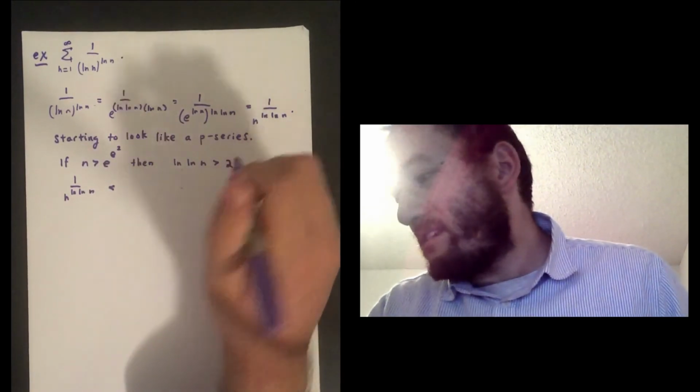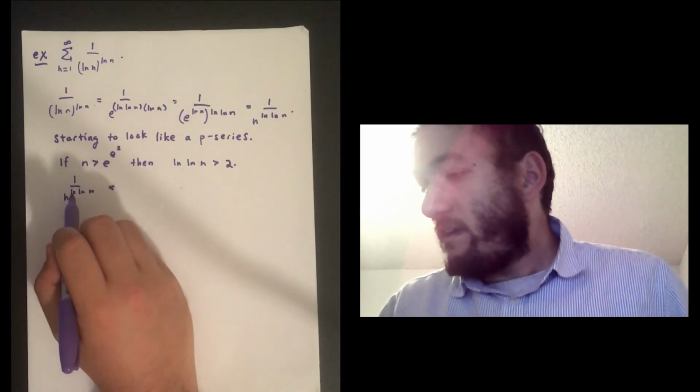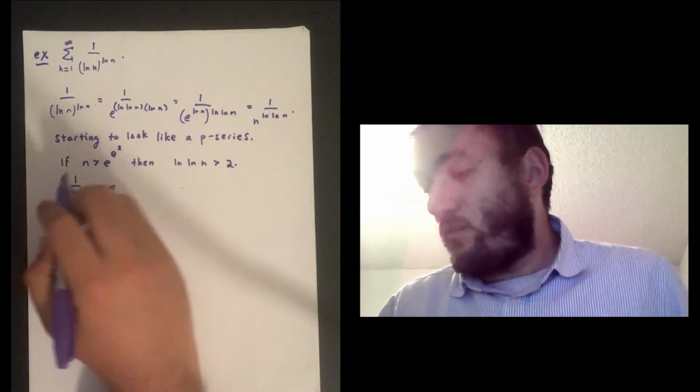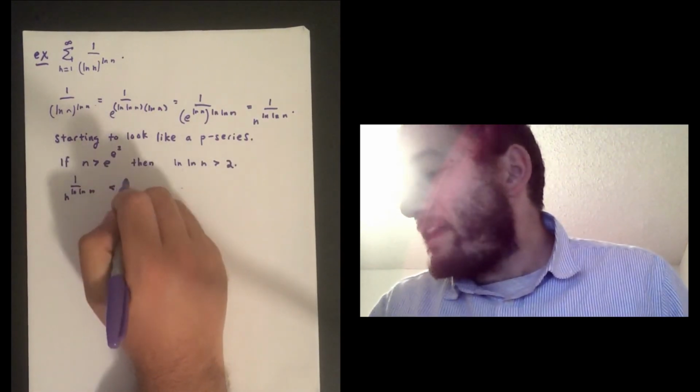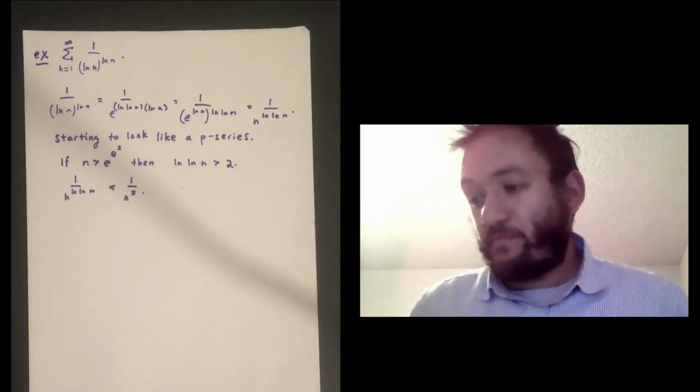And then this expression is greater than 2. Then given this inequality, we have 1 over n to the log n is less than 1 over n squared.